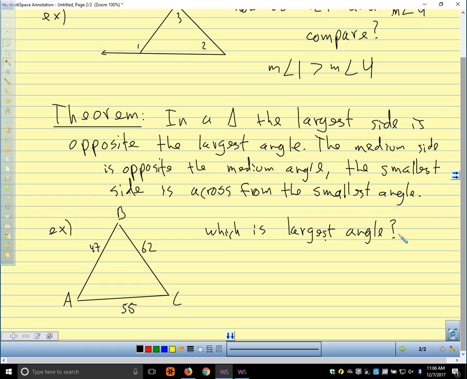All right, so in that triangle, which angle is going to be the biggest? Angle A. A is across from the biggest side, so it's got to be angle A. All right, good, makes sense.